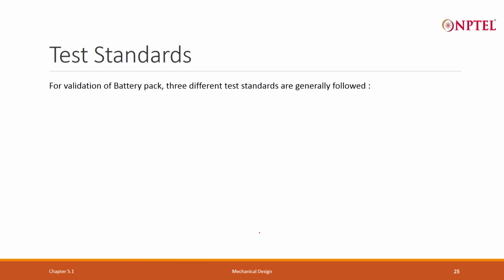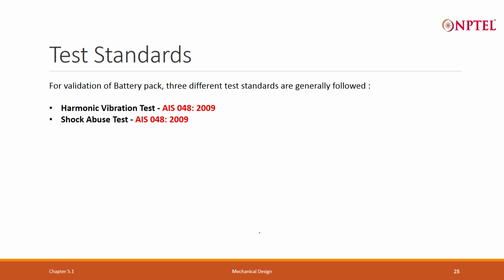Okay? Now, test standards. What are the test standards we use for our automotive application in India? I am talking about India. Basically, we use 3 test standards. One is the harmonic vibration test standard, that is AIS 048 2009.